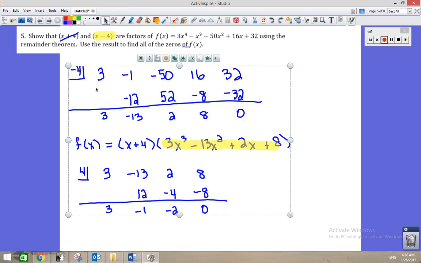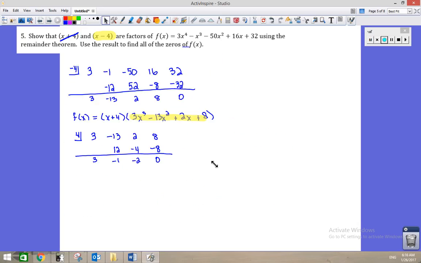So this original f of x, I knew from the information given here that x plus 4 and x minus 4 were going to be factors. They told me that. But I didn't know, in order to multiply this all together to get this, that the rest of it would be 3x squared minus x minus 2.